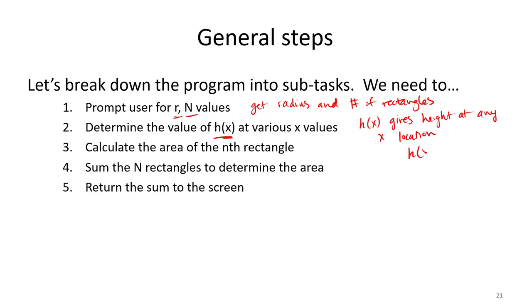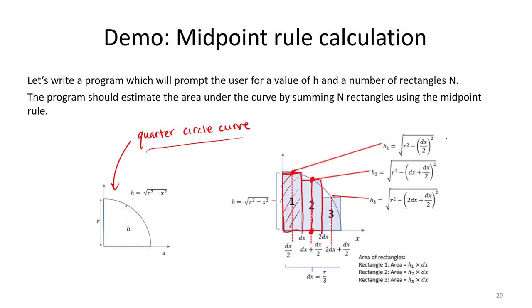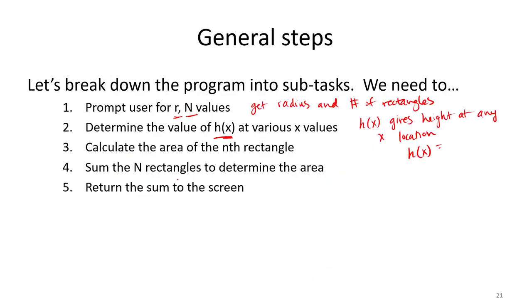And you'll remember, in this case, we are given that h of x is just the square root of radius squared minus x squared.